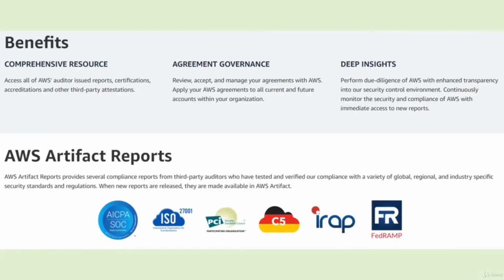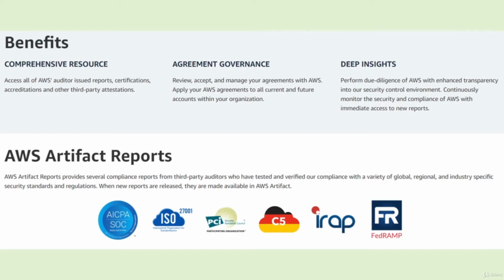There are a few benefits of Artifact. It provides you a comprehensive resource on different auditors, the issued reports, the certifications, accreditations, and other third-party attestations that you need for the publication of your instance or applications or projects on the cloud.